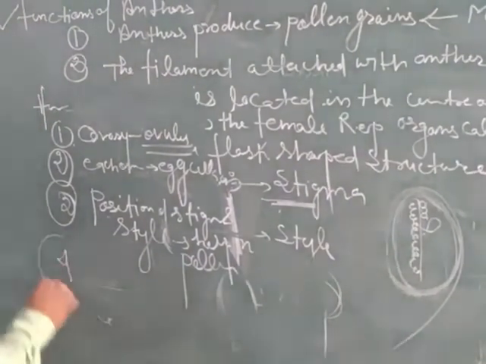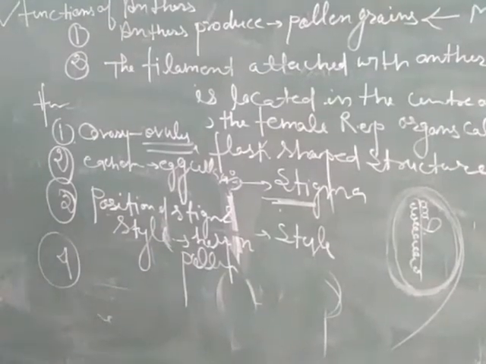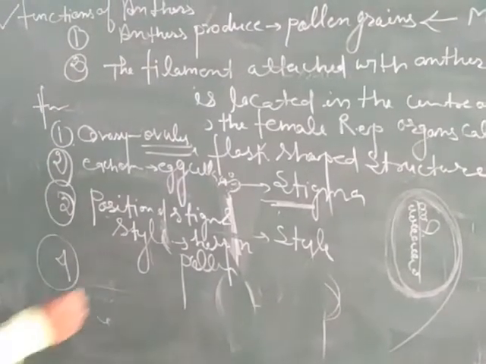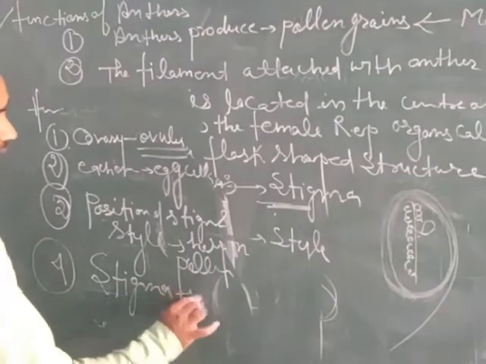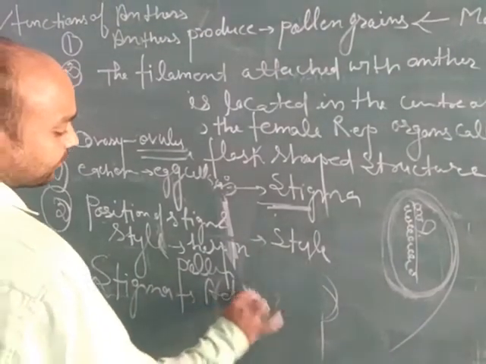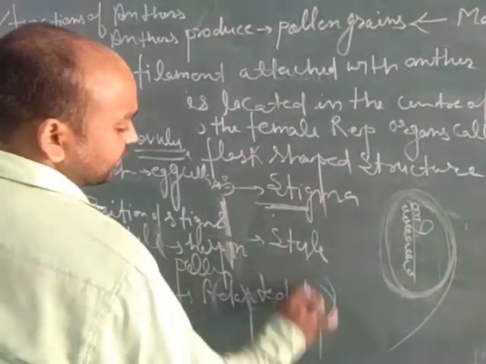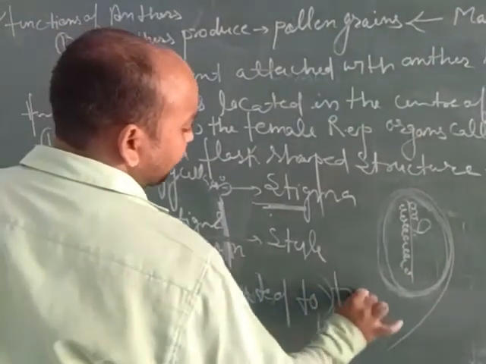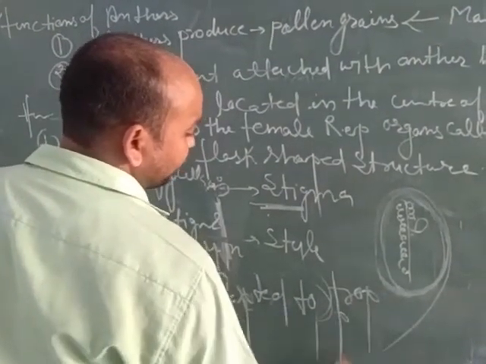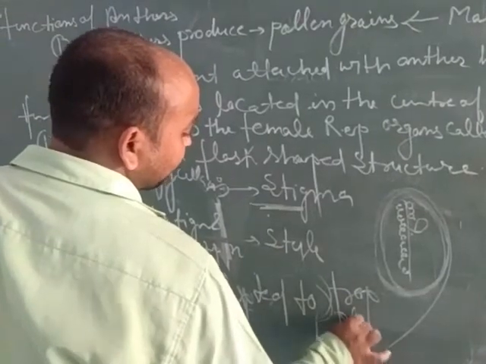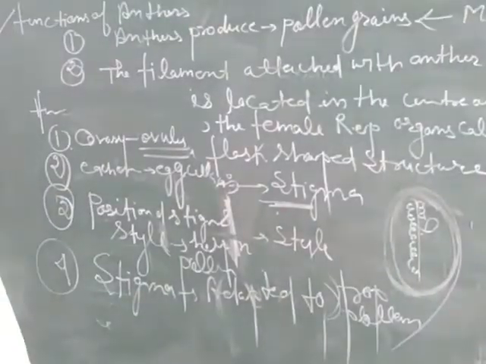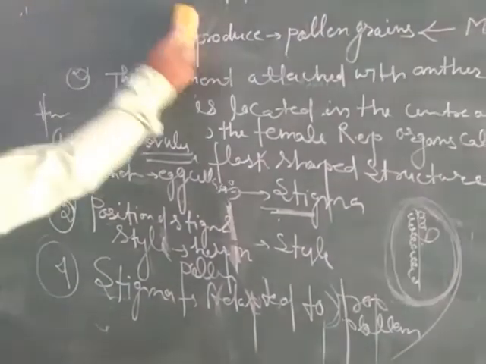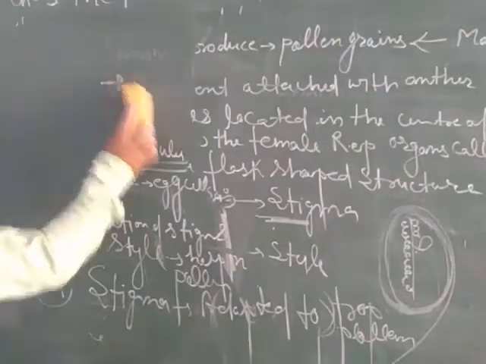Now, the next function: the stigma is structurally adapted to trap pollen grains during pollination.